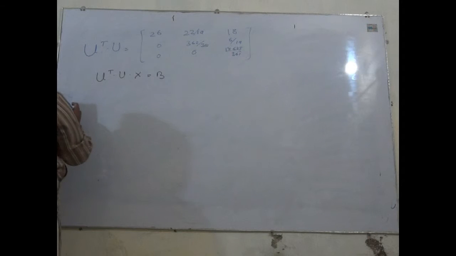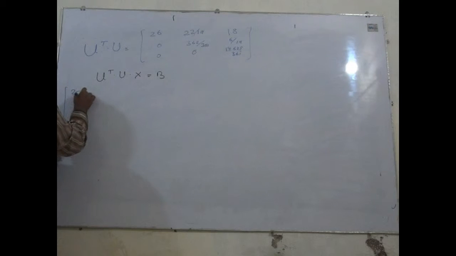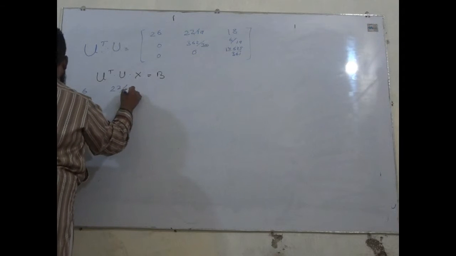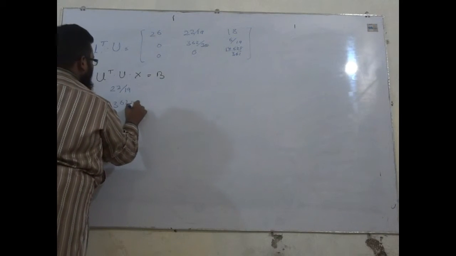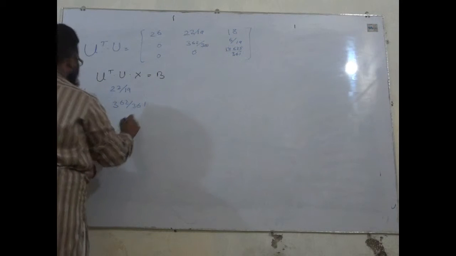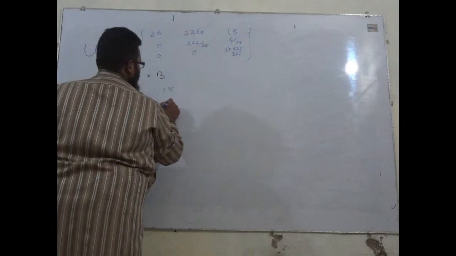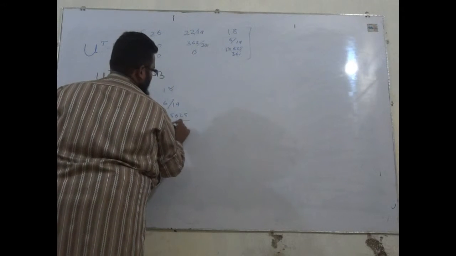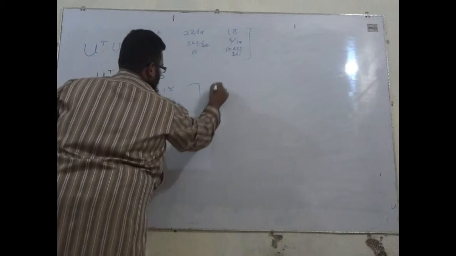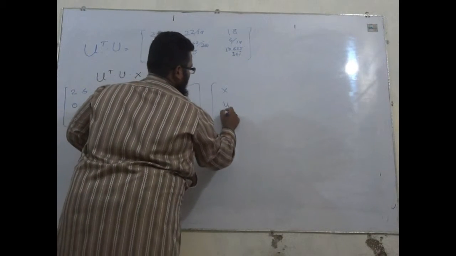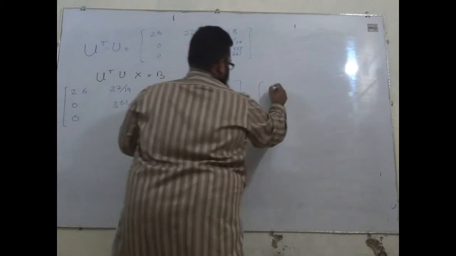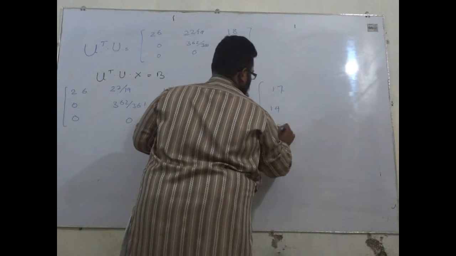so this is a very lengthy procedure, 26, 0, 0, 22 over 19, 362 over 361, 0, 18, 6 over 19, 15625 over 361 into X, which is x, y, z, is equal to B, which is equal to 17, 14, 12.